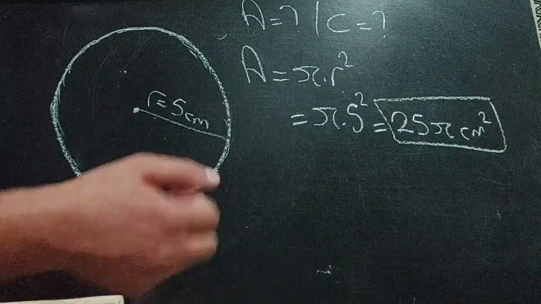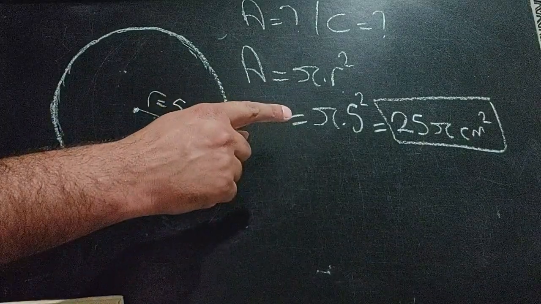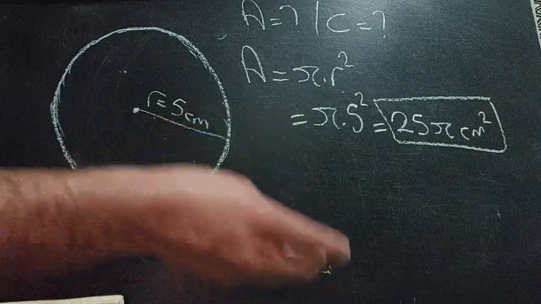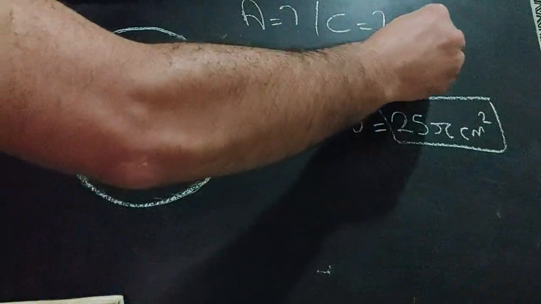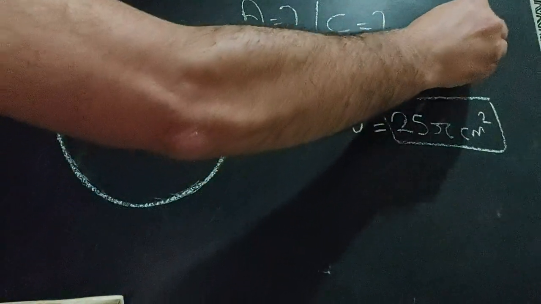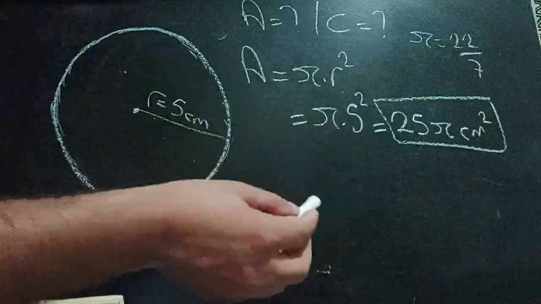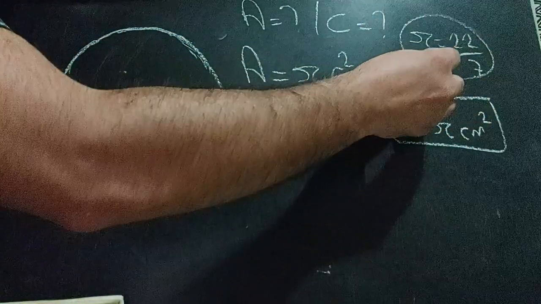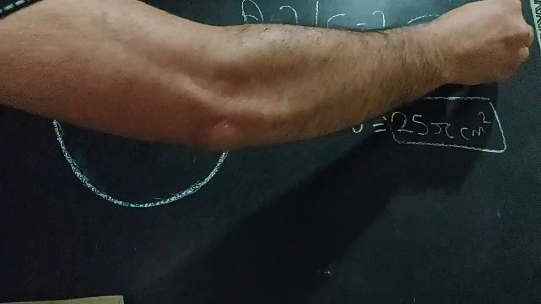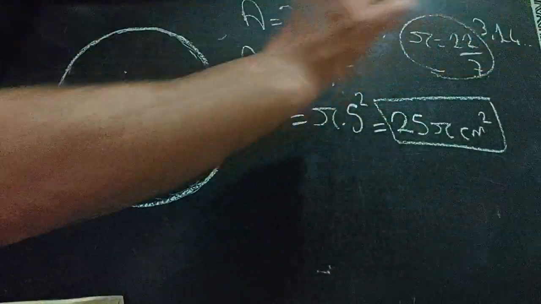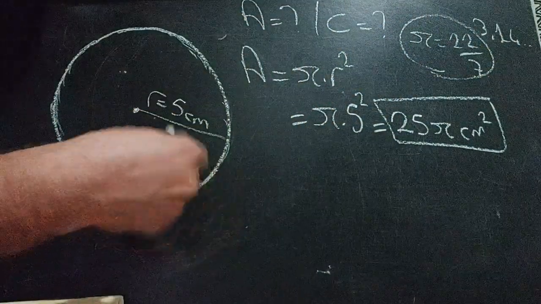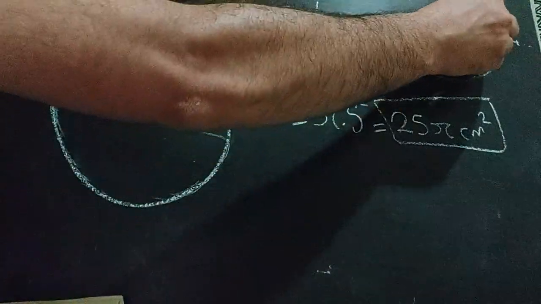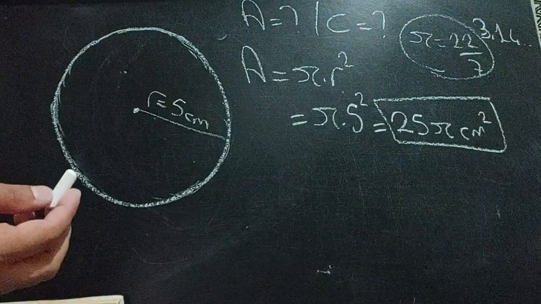Okay, so in options they give you generally 25 pi, but the value of pi is normally 22/7 or 3.14, and it goes to infinity, and every time the number changes, right? 3.14 and goes like that, or 22/7.